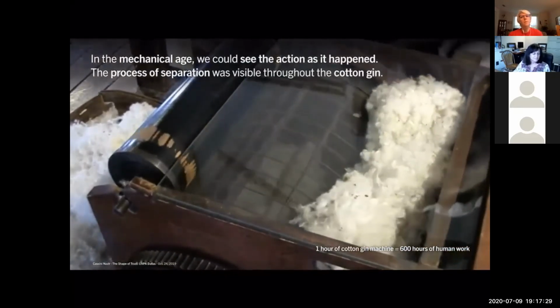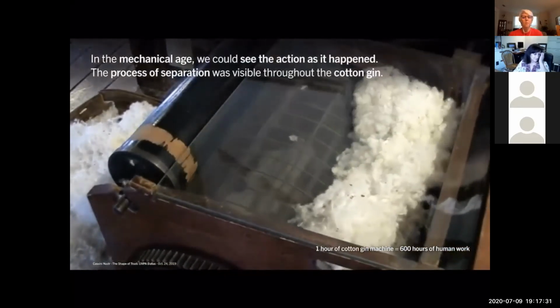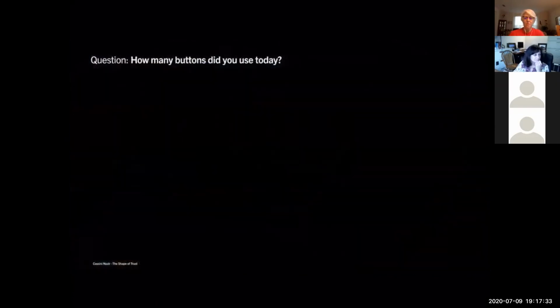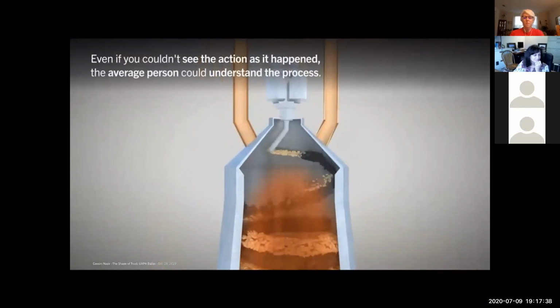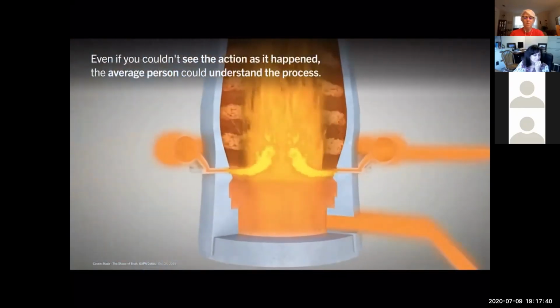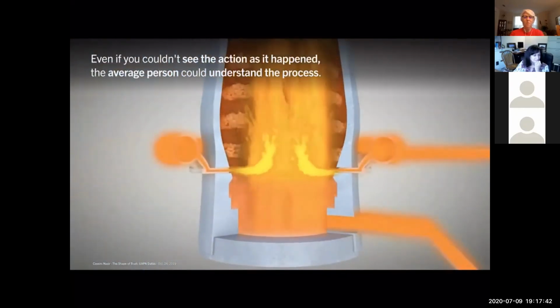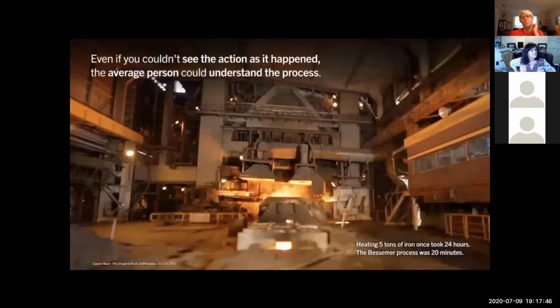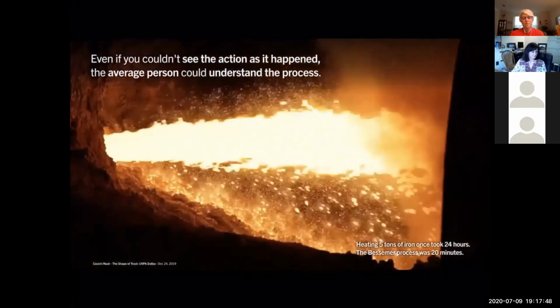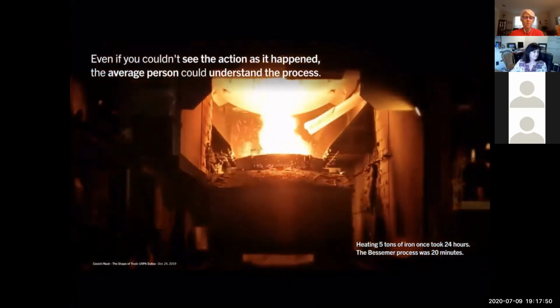And this was the mindset in the mechanical age. I'm going to skip over this question here because also in the mechanical age was the Bessemer steel process. And when Henry Bessemer patented his process, you couldn't see inside the steel forge, but you could at least understand how it worked, right?